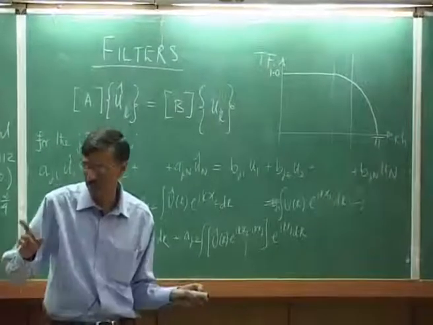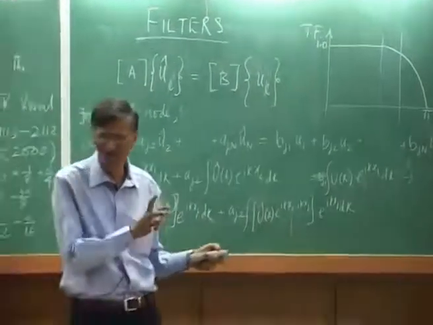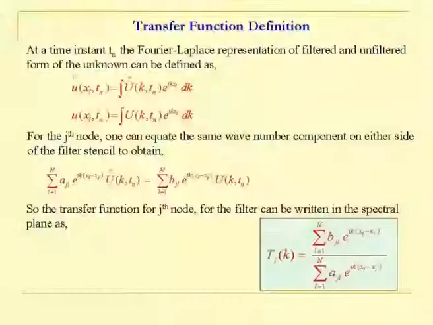Now since you have obtained this expression for the jth node, the corresponding ratio of u hat by u should be the transfer function, if I call it T of k, but now it is specifically done for the jth node, right.